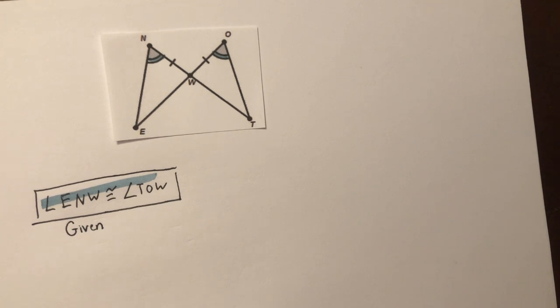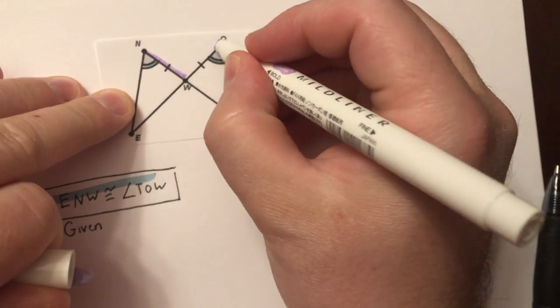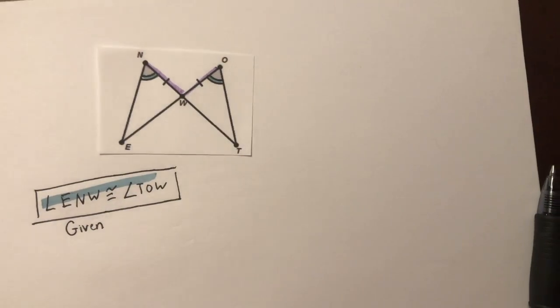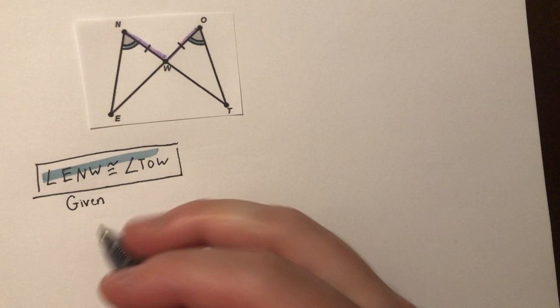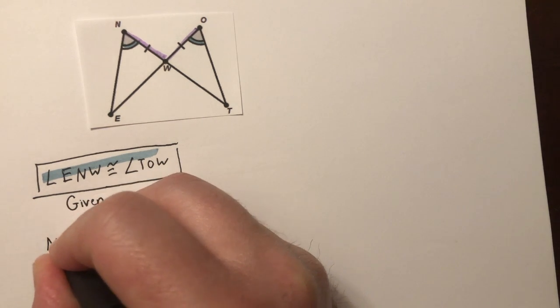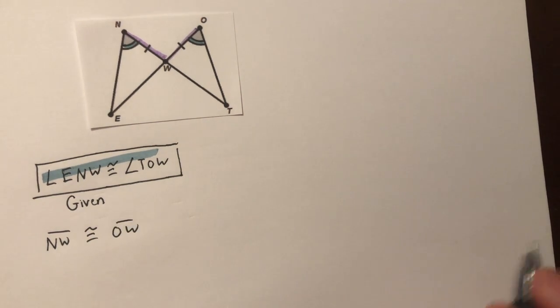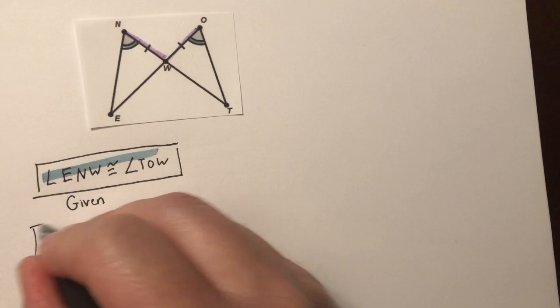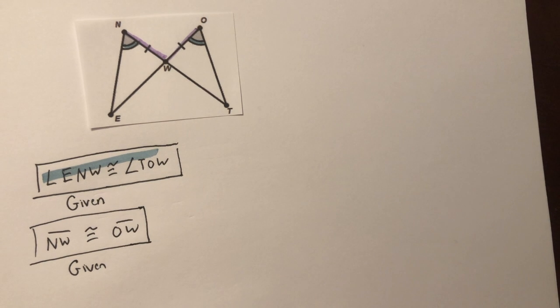Okay? Now, the next thing I have here is side NW is congruent to side OW. This is also true because they are given.